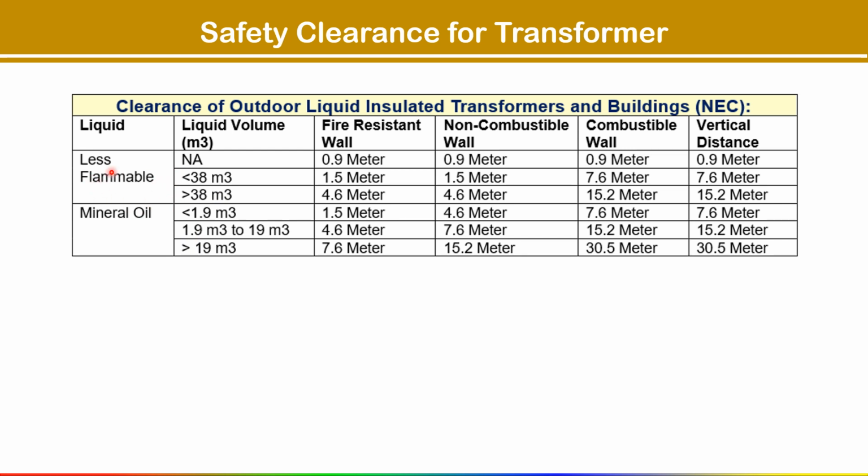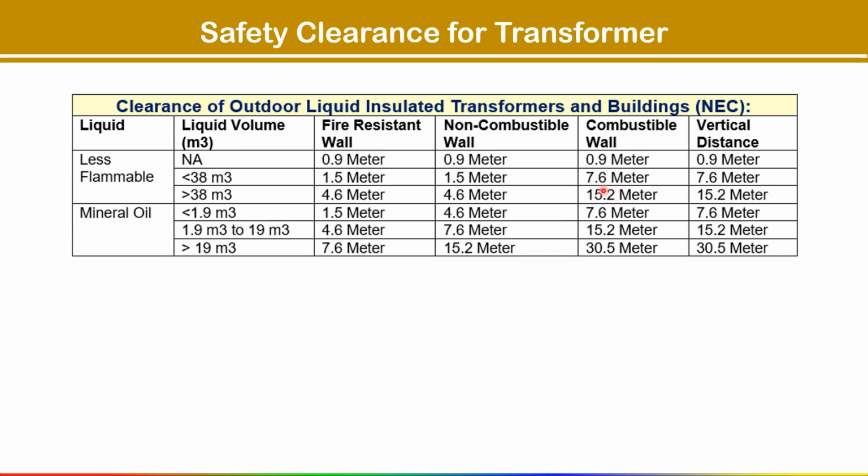So let's say it is a less flammable liquid, and your transformer liquid volume is less than 38 meter cube. So if you have any fire resistance wall, how much safety distance do we have to maintain? 1.5 meter. If it is a non-combustible wall, and you are trying to place the transformer, you have to maintain that much distance and then place it.